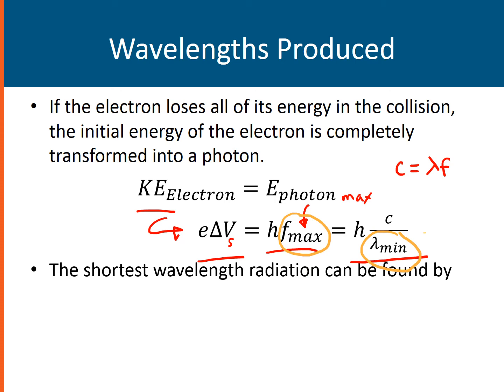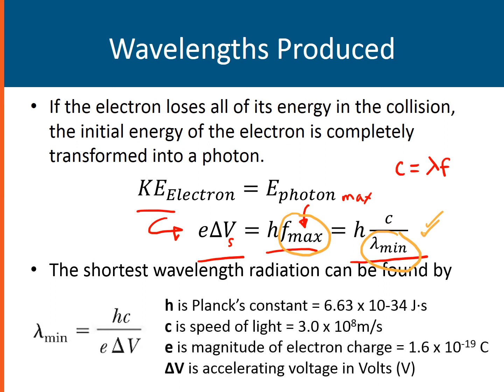From this equation, we can obtain the shortest wavelength radiation using the formula lambda minimum equals hc over e delta V, where h is Planck's constant, c is the speed of light, e is the magnitude of the electron charge, which is 1.6 times 10 to the negative 19 coulombs. Since it's just magnitude, we don't put the negative sign. And lastly, delta V is the accelerating voltage.